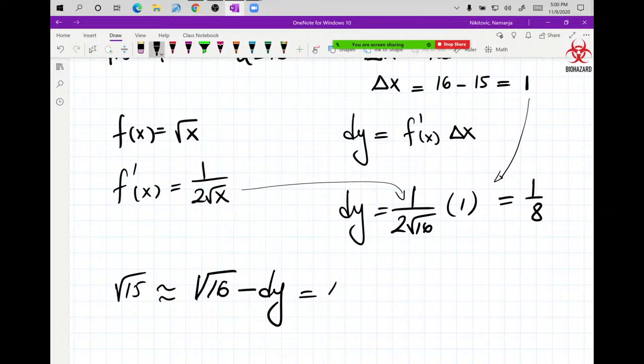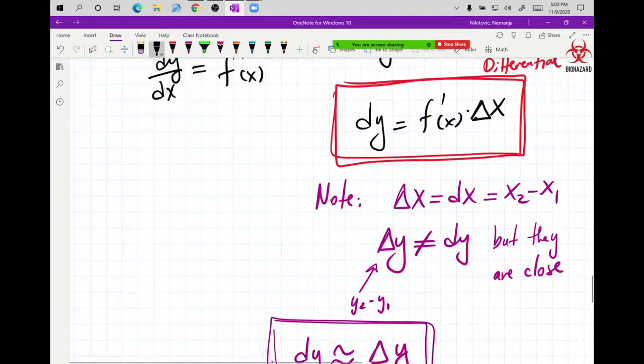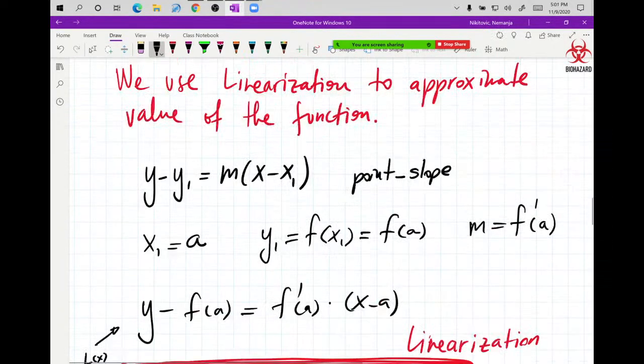So this becomes 4 minus 1 over 8. And that is 4 minus 0.125, I believe, which is 3.875.